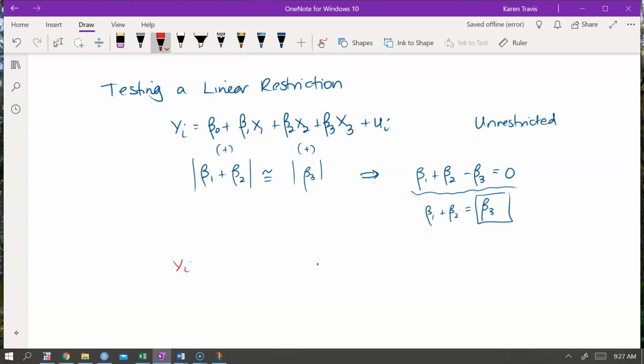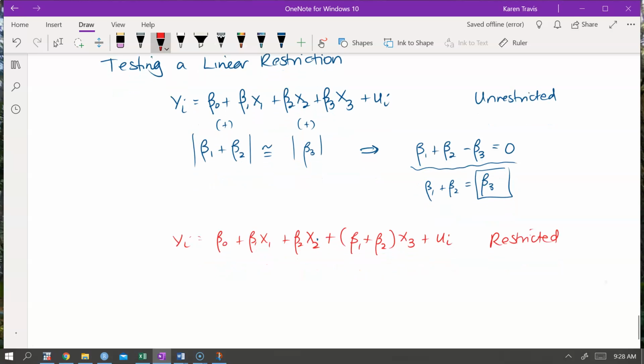So let's change colors for a minute. If I had beta 1 x1, beta 2 x2, and instead of beta 3, I put in beta 1 plus beta 2 times x3, then we can see that it's forced a relationship so that it can only fit what's going on with x3 to be of the same magnitude as the sum of the other two.